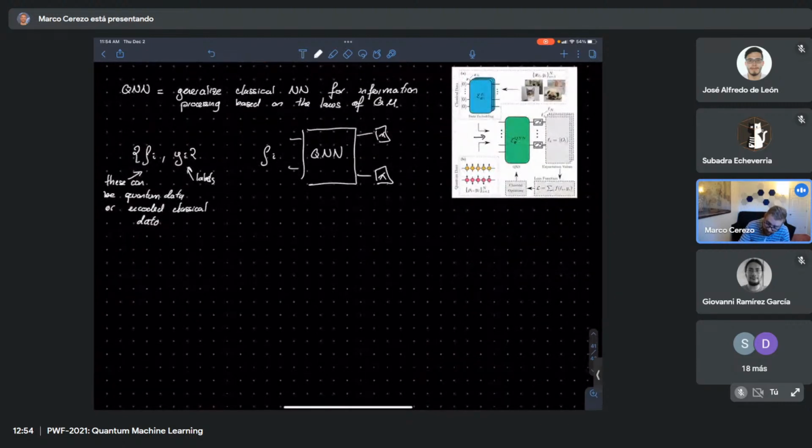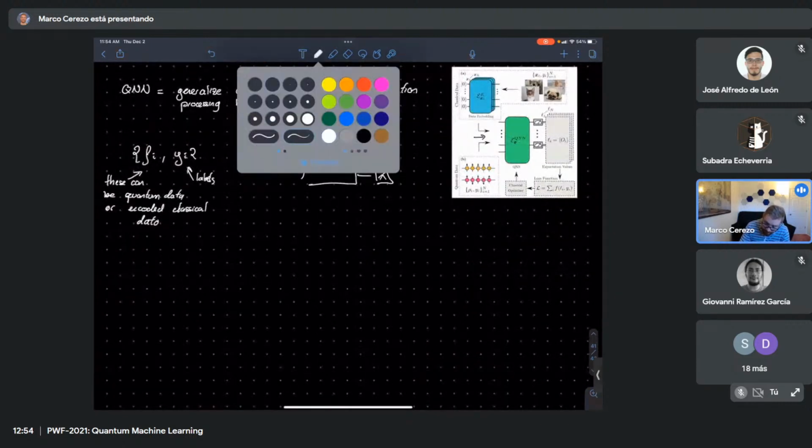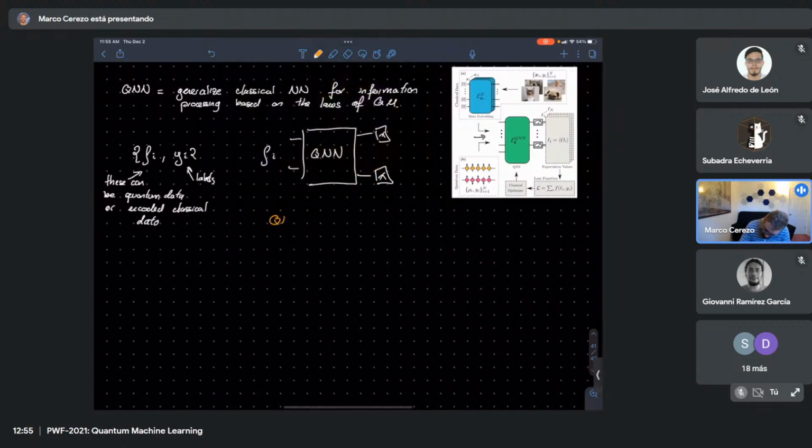So what is a quantum neural network for the purposes of this course? To no one's surprise, a QNN is a parametrized quantum circuit. So now you can start to see how parametrized quantum circuits have been playing a key role since we started this course.